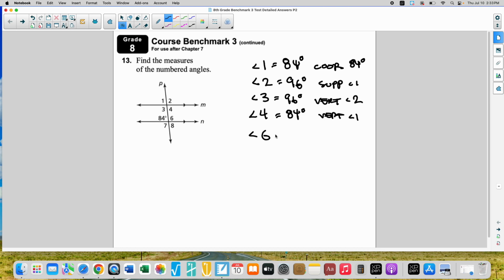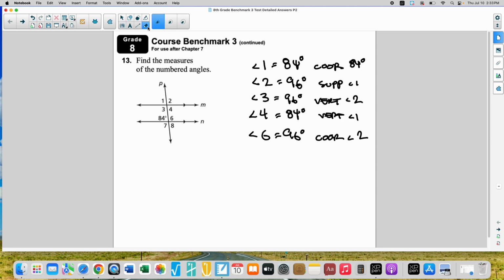We'll say angle 6 is equal to 96 because it corresponds with angle 2. It's always good to list. It is also supplementary to 84, and it is alternate interior to angle 3. So that probably would have been the better one.